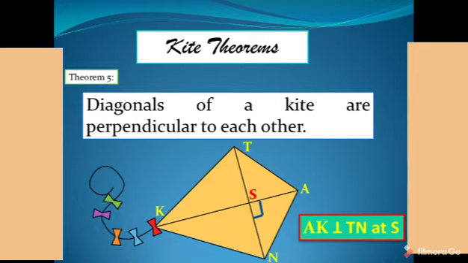So it forms a right angle right there. Since we're talking about perpendicularity, the angle, let's say angle TSA, is a right angle. So with the other angles, you have angle ASN.